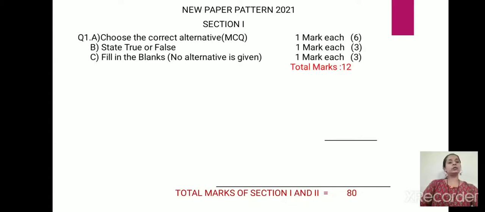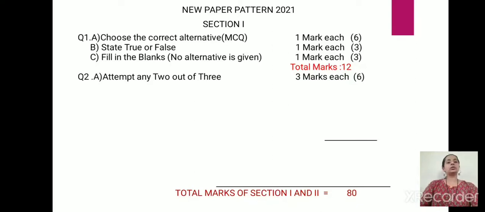Then going to the next question. Question 2a. Attempt any 2 out of 3. So 3 marks each question, those will be the examples asked. You have to solve 2 questions. So total how many marks for question 2a? 6 marks.